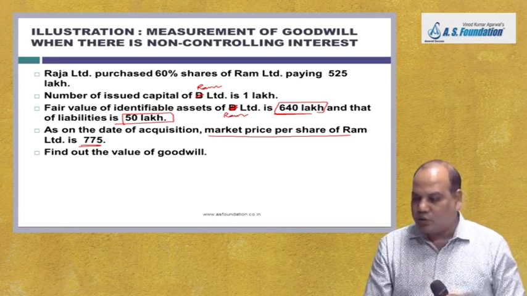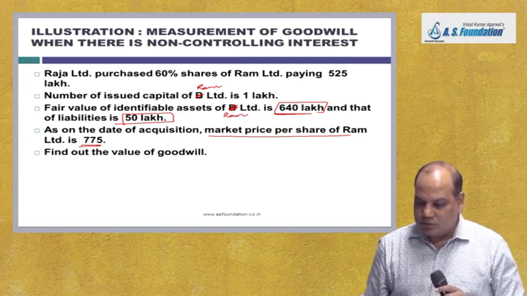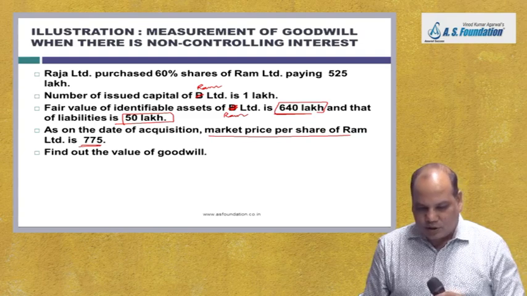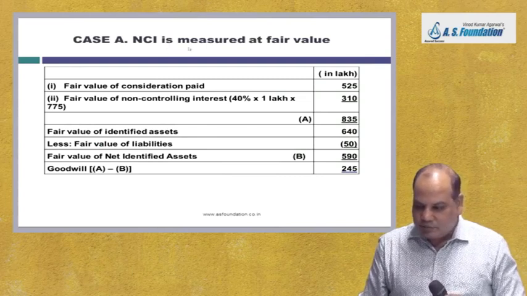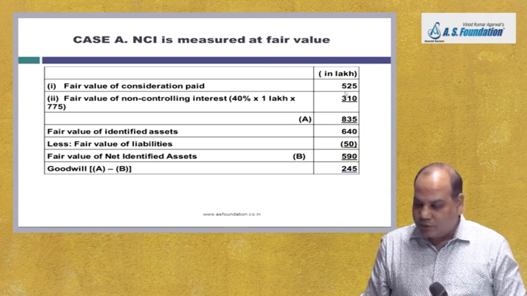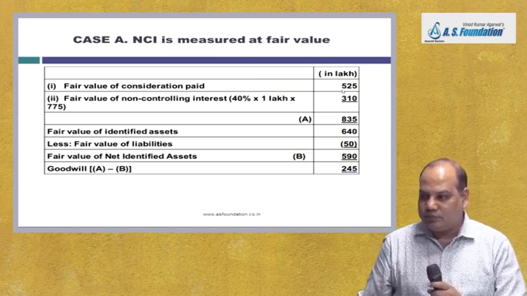Now here also there are two answers possible, fair value method and share in net asset method. So first let us write down case A. Write heading case A, NCI is measured at fair value. I have drawn the format, fill in the blanks. Fair value of the consideration paid, write down 525.